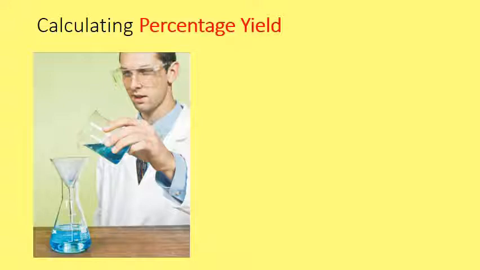So there's 3 main areas where product is lost. Some of it, like a few drips, you might leave in your beaker, so it's left in apparatus. The second one might be that the reaction is incomplete.